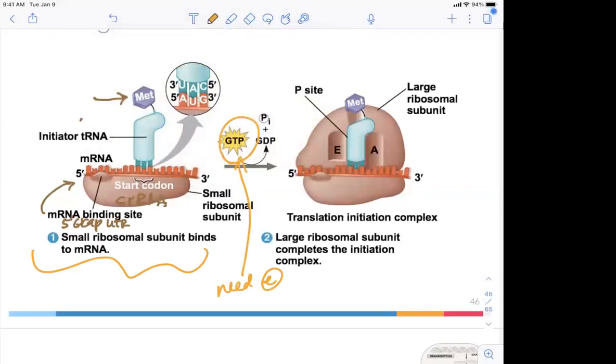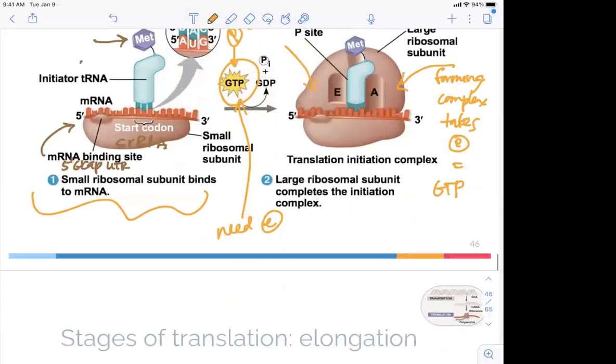It's got these energetic triple phosphates that can provide you with quote unquote free energy to catalyze the reaction, which is bringing the rest of this ribosome in. So forming this whole complex takes energy, and energy, in this case, is GTP, guanine triphosphate, as opposed to adenine triphosphate.